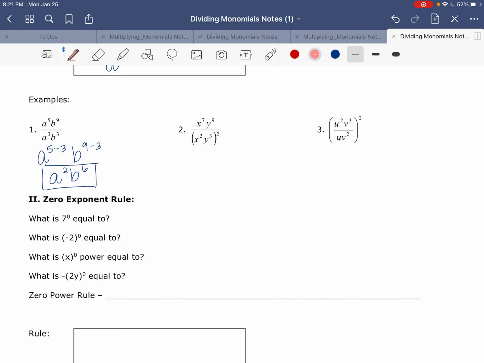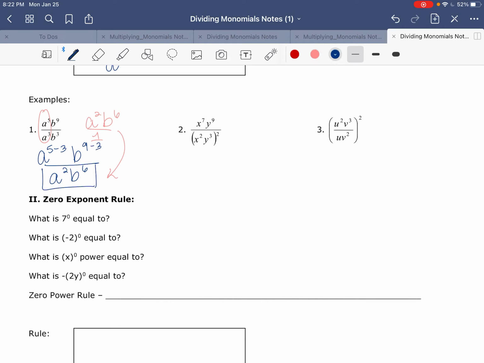And again, if you look, a to the 5th and a cubed, there's more a's in the numerator, and there's 2 more. And then again, b to the 9th over b cubed, there's more b's in the top, so it's going to keep it, and there's 6 more, which leaves just a 1 in the denominator, which is equivalent to what we got earlier.